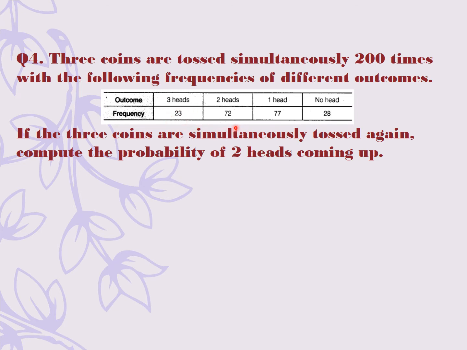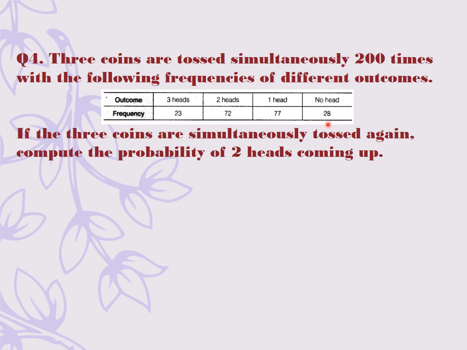The third column shows that we got 2 heads and the remaining one a tail, 2 heads and 1 tail, 72 times. 1 head and 2 tails, 77 times, and no head, that means all tails for all the 3 coins, happened 28 times.